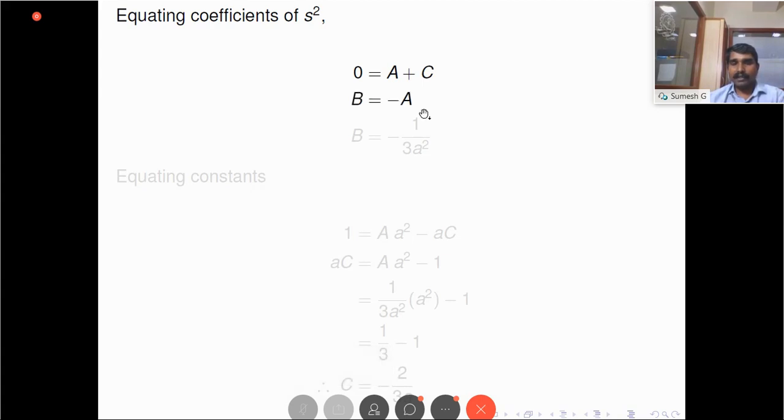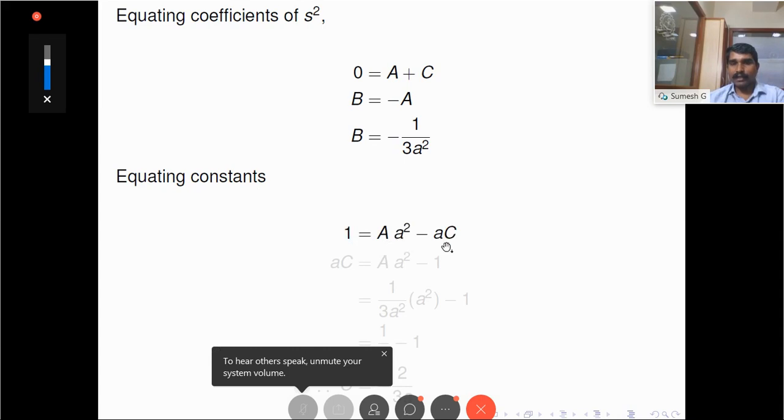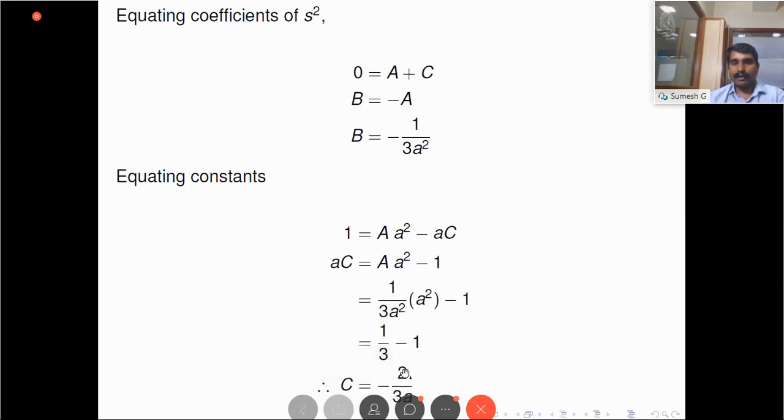Value of A is 1 by 3a square. So we obtain capital B equal to minus 1 by 3a square. Equating constants, we obtain 1 equal to capital A into a square minus a c. From this relation, we can find the value of C. So we obtain C equal to minus 2 by 3a.